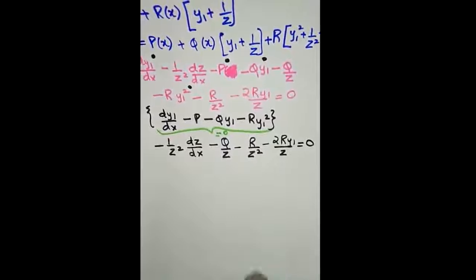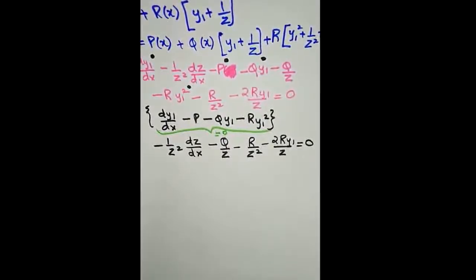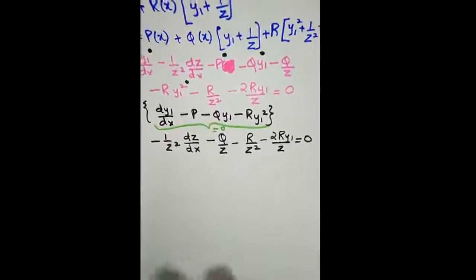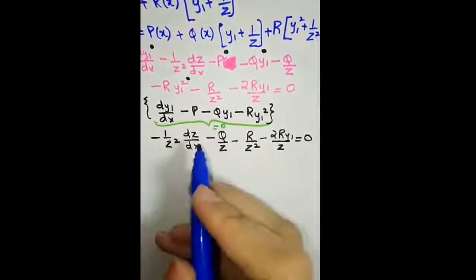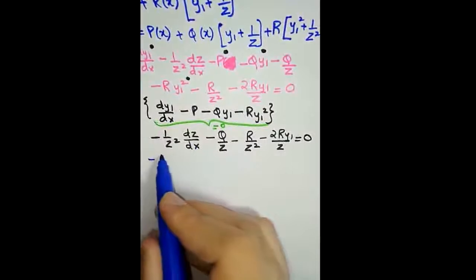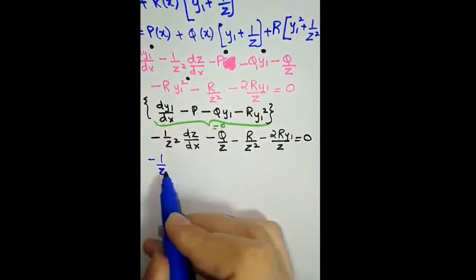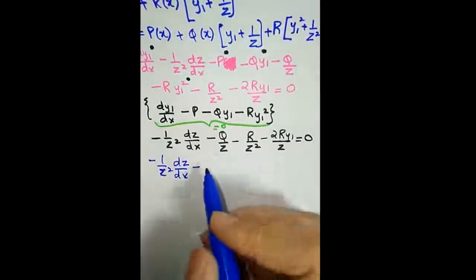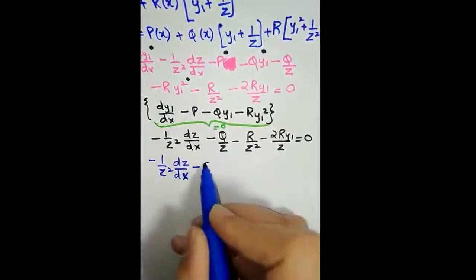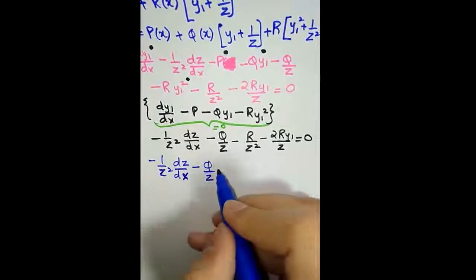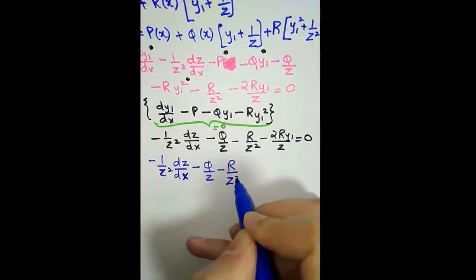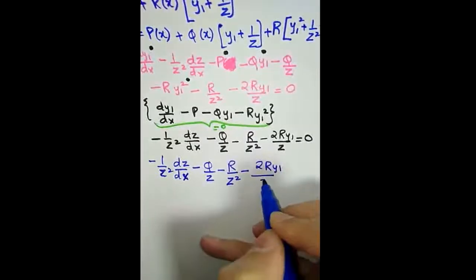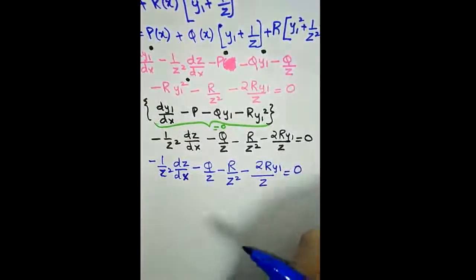So the equation now becomes minus 1 by z square dz by dx minus q by z minus r by z square minus 2 r y1 by z equals to 0.